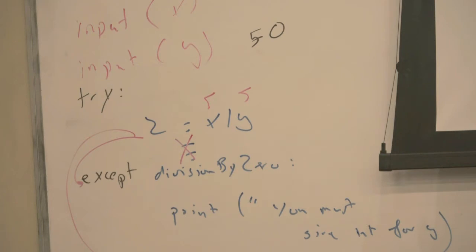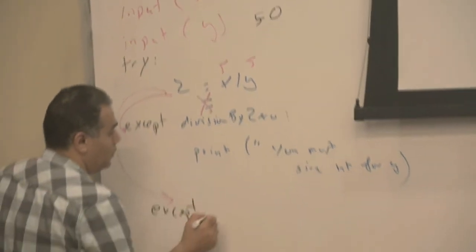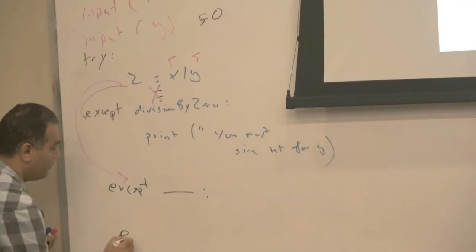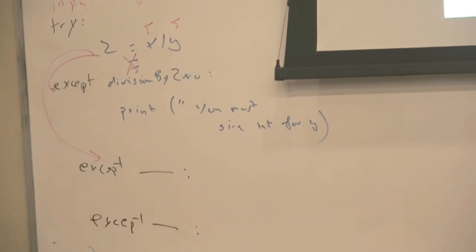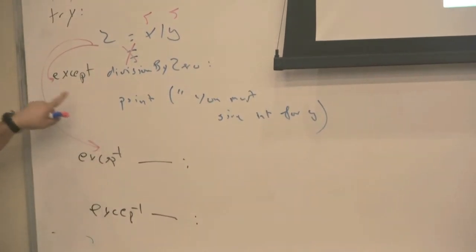What will happen if multiple errors could happen? You could have multiple exceptions. So for example, you put another except in here, with another value. If this exception happens, it will go to this.